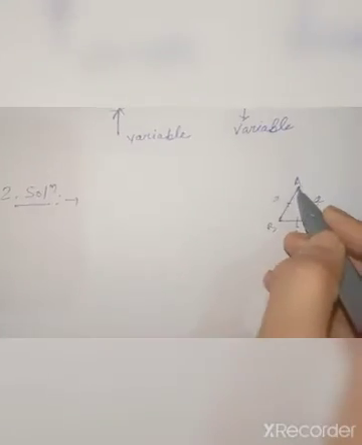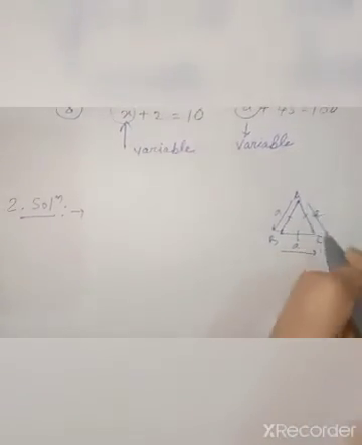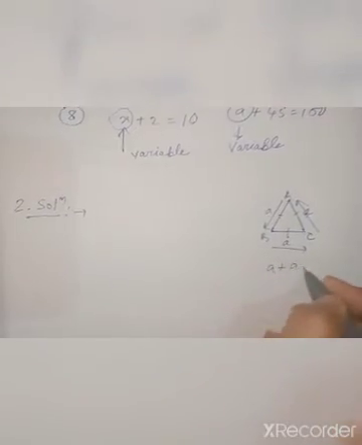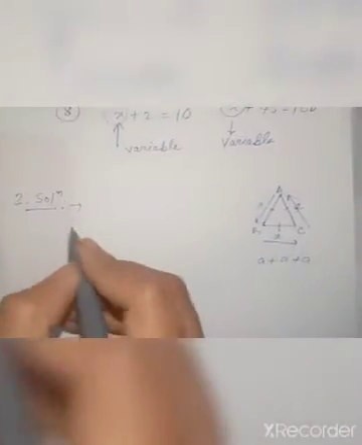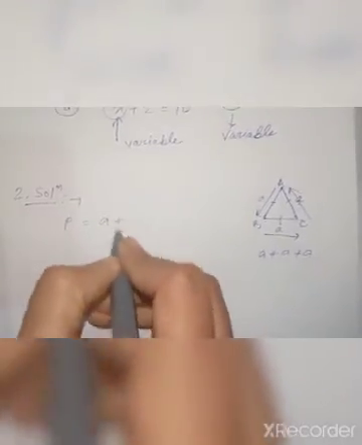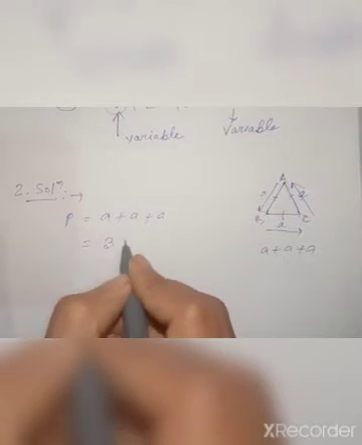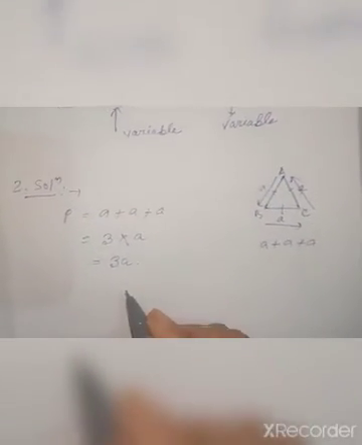That means we have to measure this side and this side. So we have to simply add A plus A plus A, isn't it? So we have to put this perimeter as A plus A plus A. That means how many A's are there? 3A. 3 into A. That means thrice A or 3A.